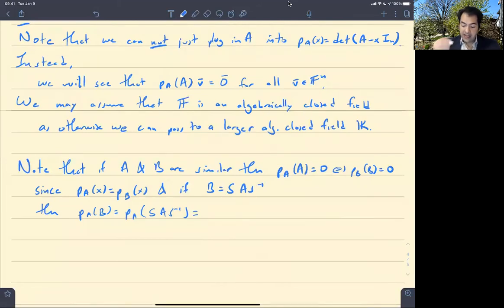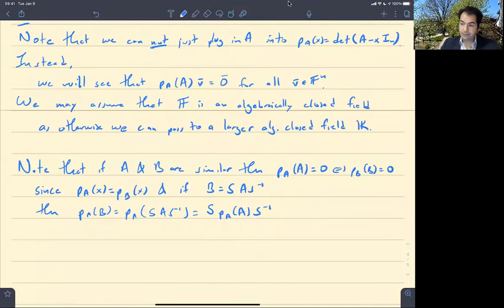So you end up with S inverse A to the k S. But since that's true every time you raise this to a power, the whole polynomial behaves that way. So a polynomial plugged into S inverse A S is equal to S inverse times that polynomial plugged into A times S.